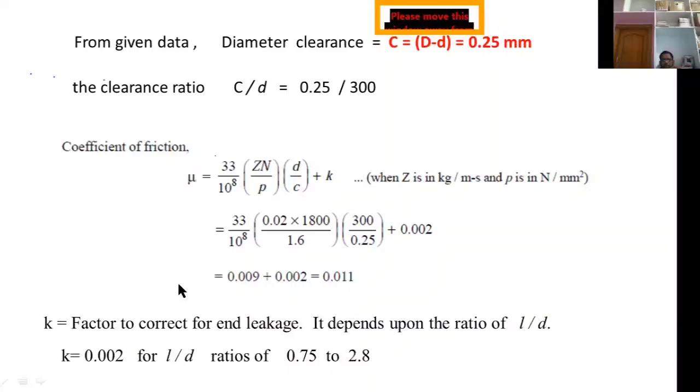The final answer is mu equal to 0.011. So finally we got the coefficient of friction 0.011. There are no units for a coefficient of friction. We have already discussed the coefficient of friction in previous classes.